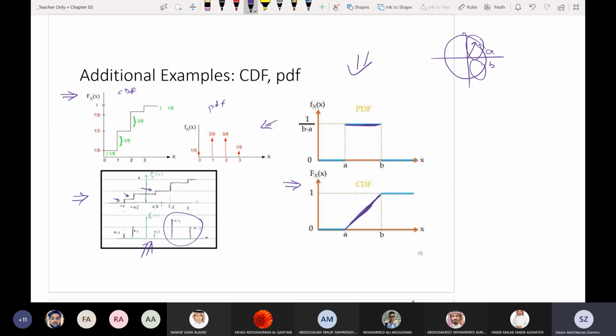So as x increases, أول شيء هي 0. Then the probability that x is less than A is 0. And it's 1 after B because the probability that x is larger than B is always 1.